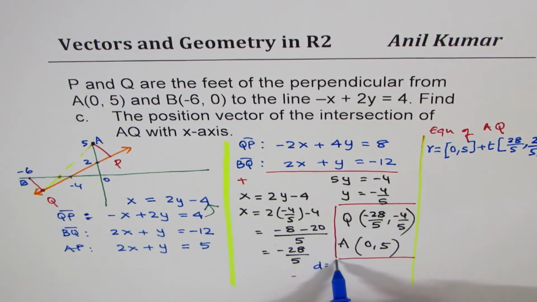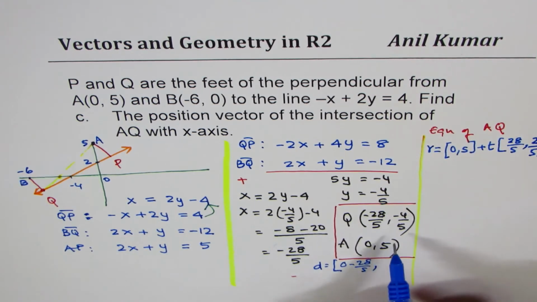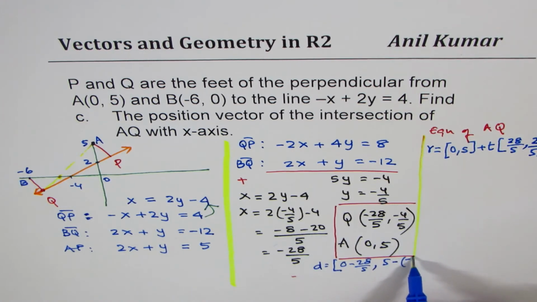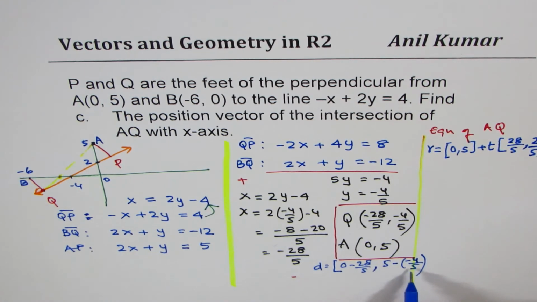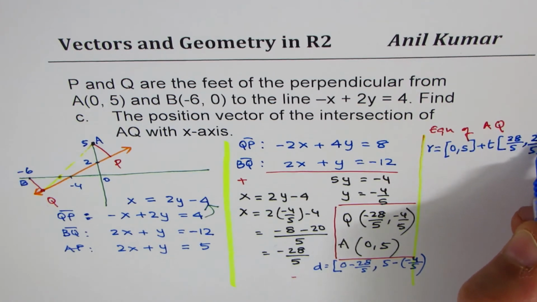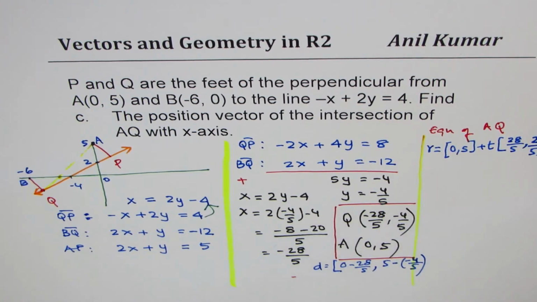The direction vector for AQ is going to be 0 minus minus 28 over 5, comma, 5 minus minus 4 over 5. Do you get it? 5 minus minus 4, so when I do that, minus becomes plus. 5 times 5 is 25, so it will be 29 over 5, not 21, right? So 5 times 5 is 25. Minus becomes plus. So 29 over 5.